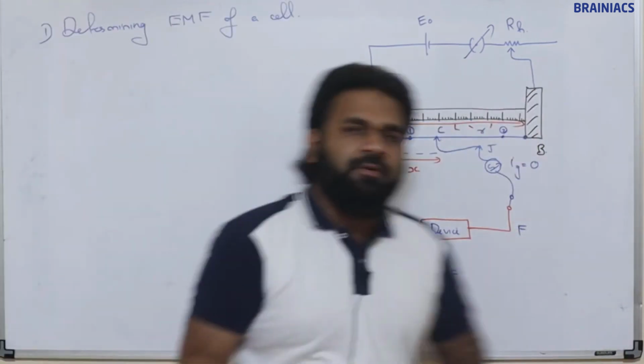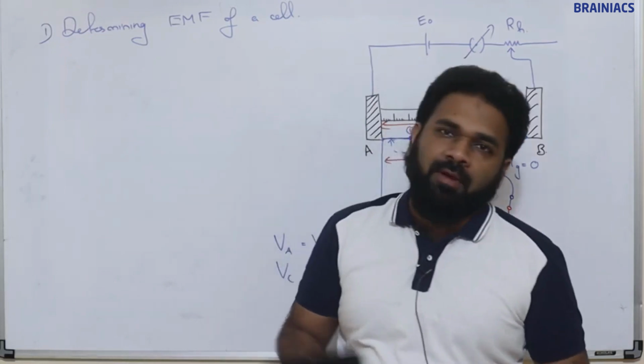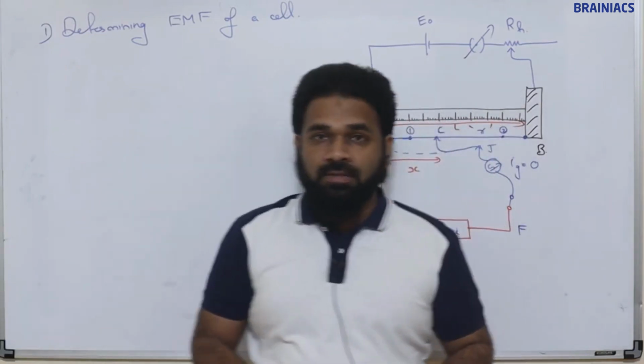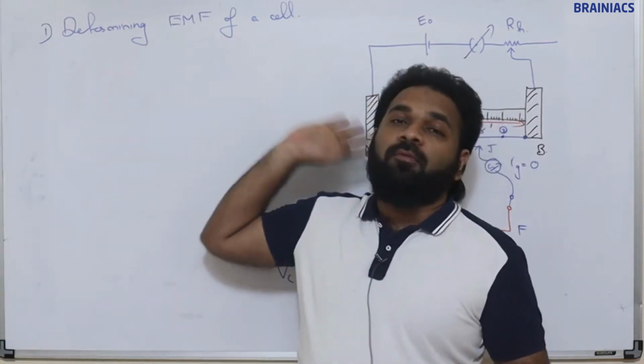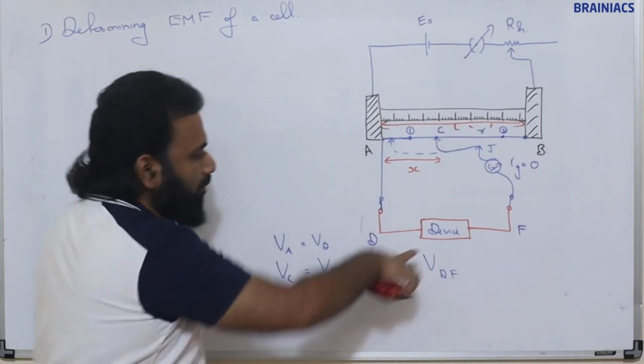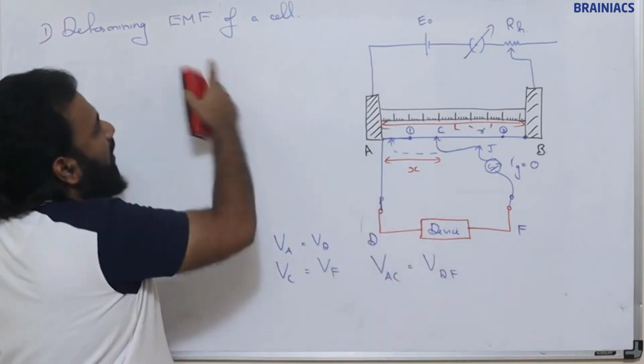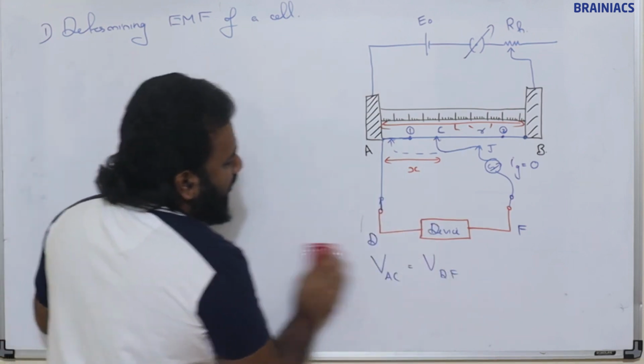Now, the first type of application which we need to discuss is determining the EMF of a cell. Now, in the place of this device, what we are getting is the EMF of a cell.